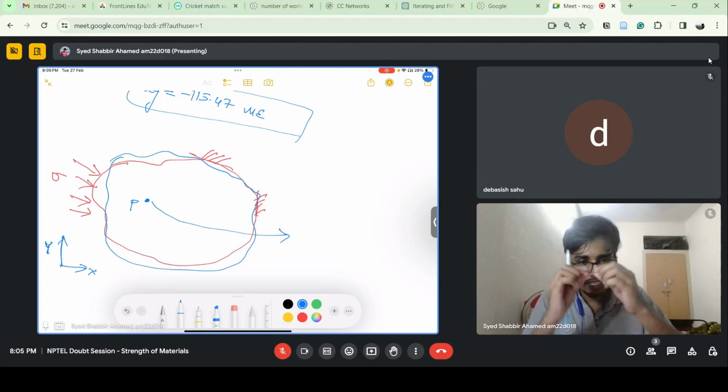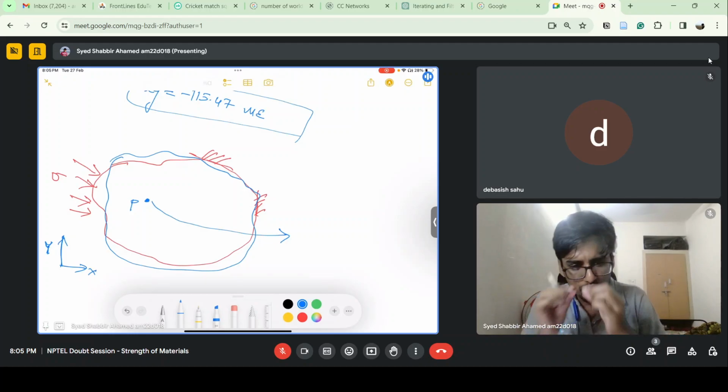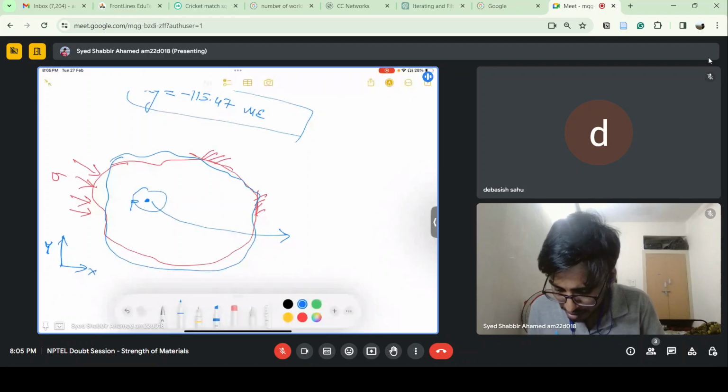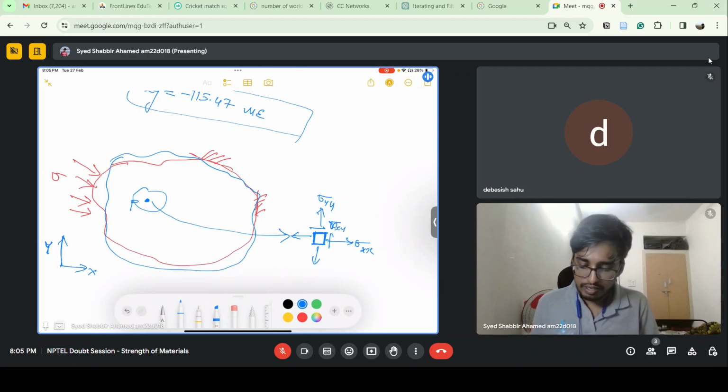If I enlarge this point, zoom it, I'll take this as a small rectangular element, and on this you will have epsilon xx, epsilon yy, and you'll have shear strain, sigma xy or tau xy, whatever you can say.